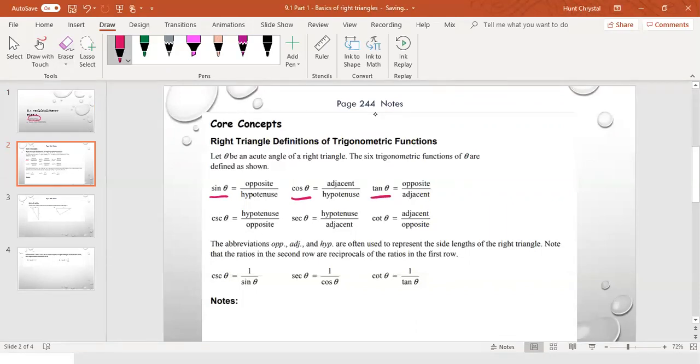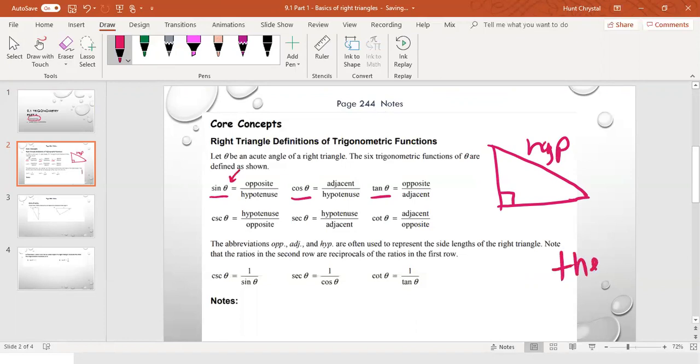And every right triangle, I'll draw one out here for you. Every right triangle has sides you're going to label. Across from the 90 degrees is always the hypotenuse. Then depending on which angle you use, and this little symbol right here is called a theta, and that's what we use in trig.